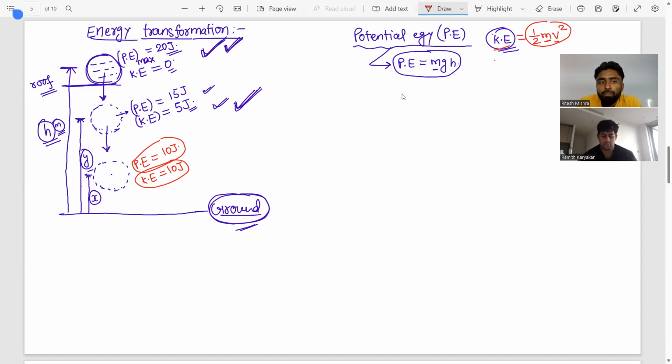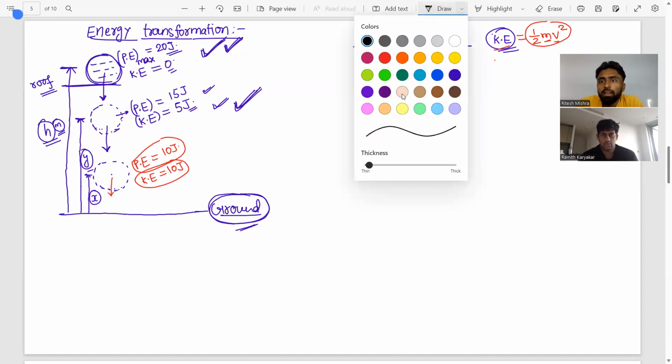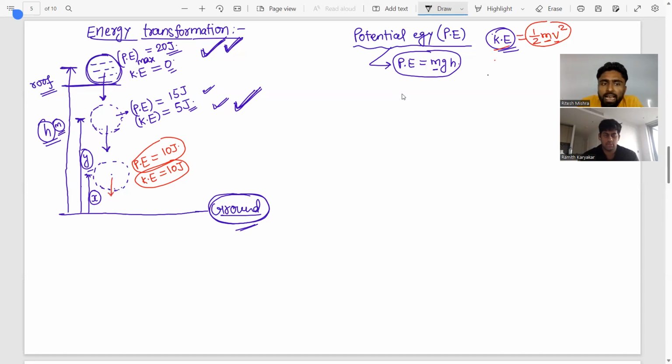Now let's take one more position. Now this body will hit the ground. Let us assume the body is about to hit the ground. When it is about to hit the ground, then at this position, potential energy will be 0.